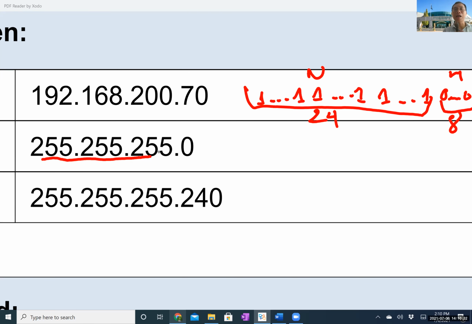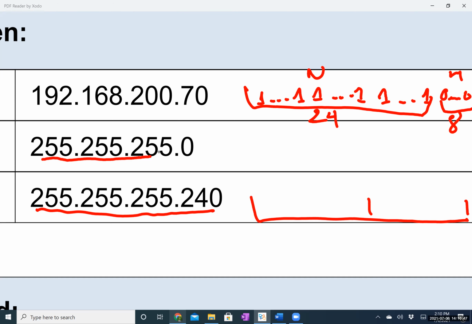Okay, now for the new one here, what do you think? How many bits in the network portion and how many bits in the host portion? If you have 255.255.255.240 here, what do you think? How many bits? Yes, 28 in the network portion, right, and then 4 in the host.